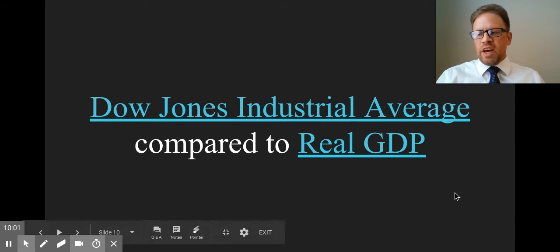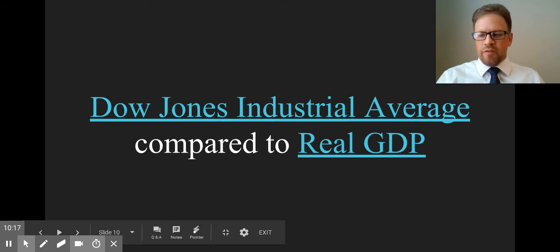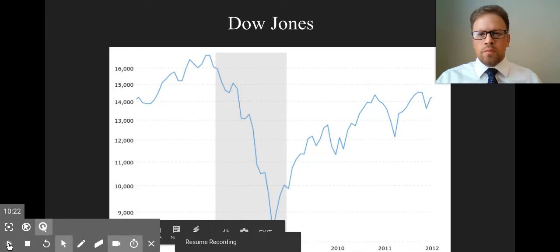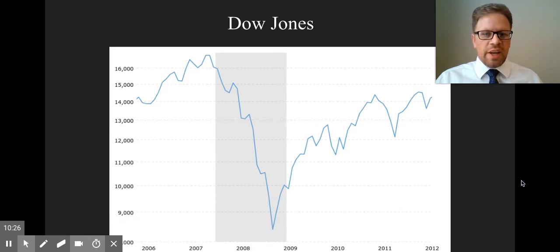There are three types of economic indicators that are used to help predict the business cycle. One of those is leading indicators, which are statistics that anticipate the direction of the economy. One of the common leading indicators we look at to give us some idea of where our economy is headed is actually stock prices. Okay, so this represents the Dow Jones from that same recession that we were just talking about.